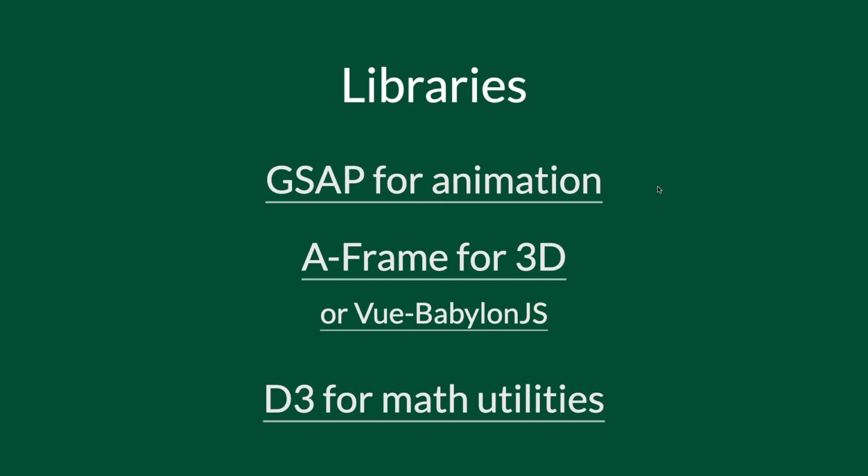And you don't have to fight with D3 over control of the DOM. And this link is an example of how I do that with Vue, of how I like to do it.